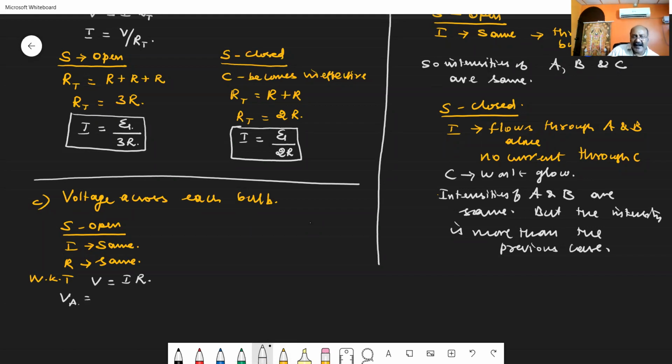It is current into resistance. When the switch is open, the current is E divided by 3R. Substituting E divided by 3R and multiplying it with R, VA, the voltage across bulb A, is E divided by 3 volts.